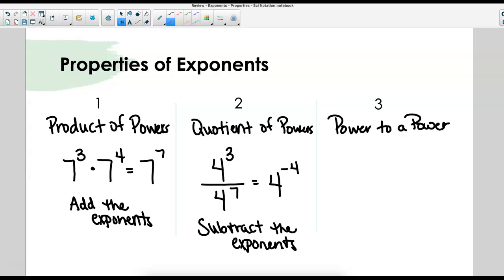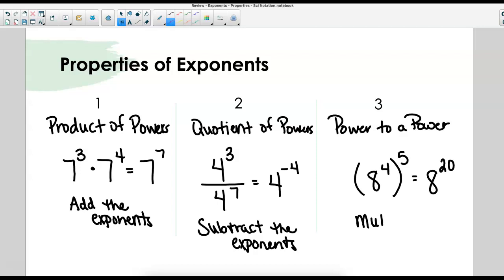And then the last one was a power to a power. So that looked like this. If we had 8 to the 4th power to the 5th power, what did we do with the exponents this time? Multiply. So this is 8 to the 20th power.